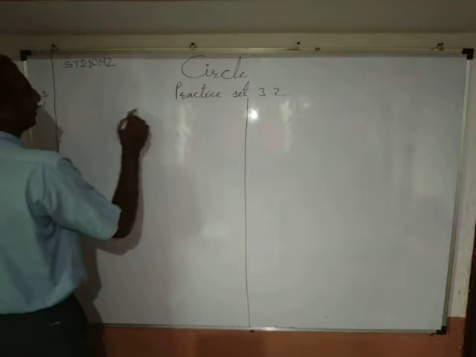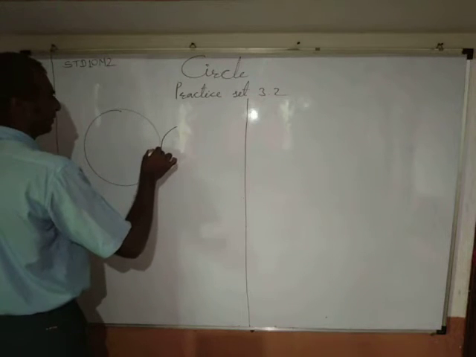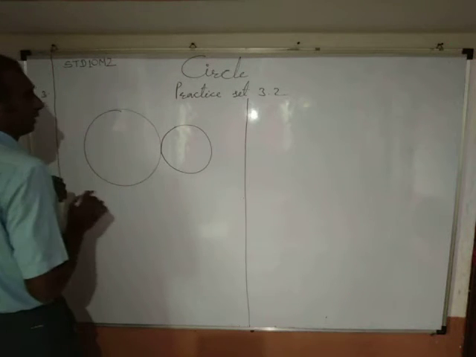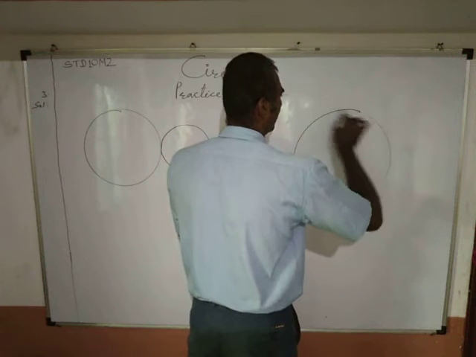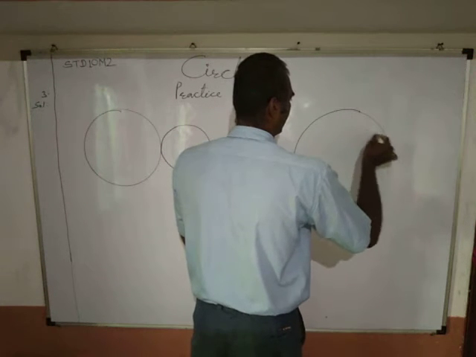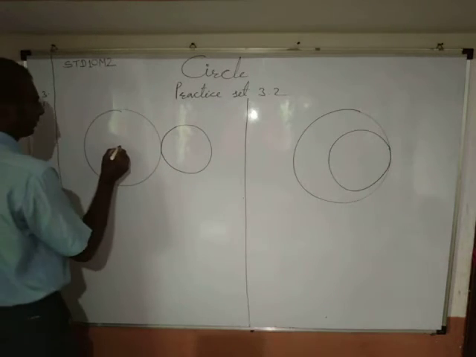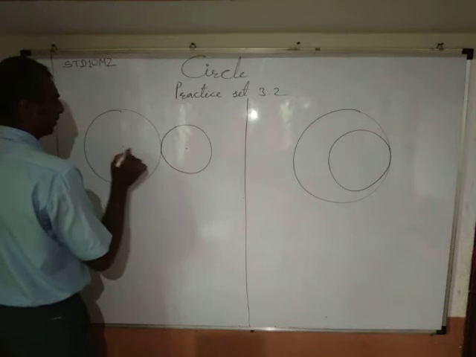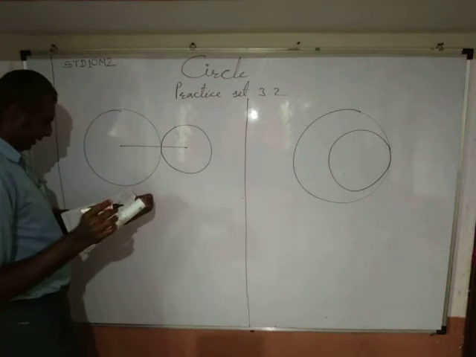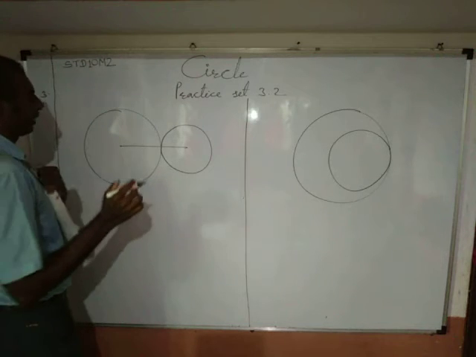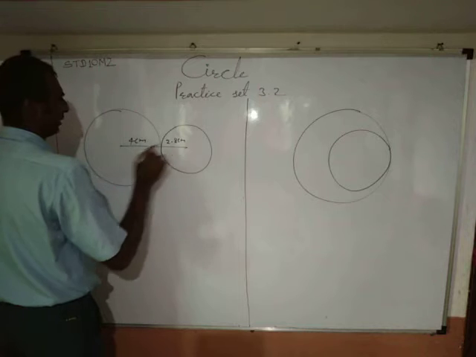A case of externally touching circles is like this, and a case of internally touching circles will be like this. Radii of these circles will be 4 cm and 2.8 cm.